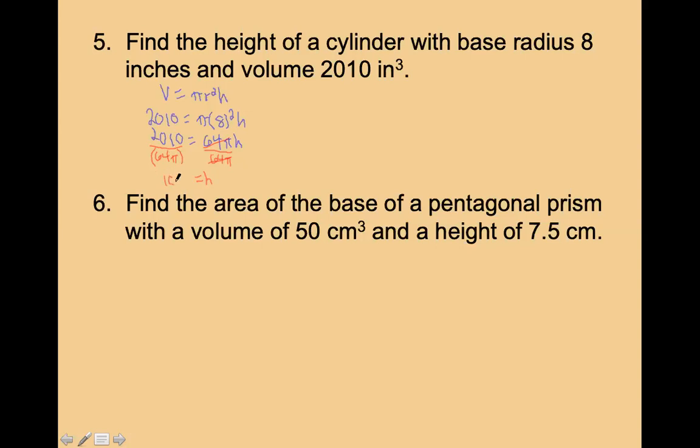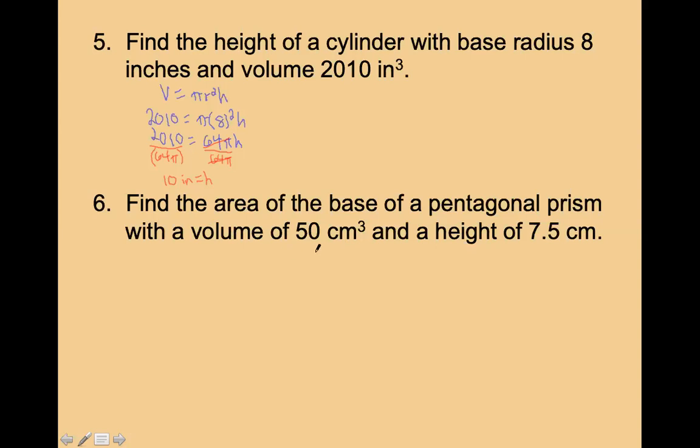I'm going to round there. So we get the height is 10 inches. Notice it's just a single dimension this time. It's just the height, so it's not cubed. It's just 10 inches.